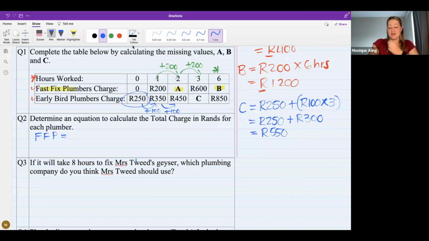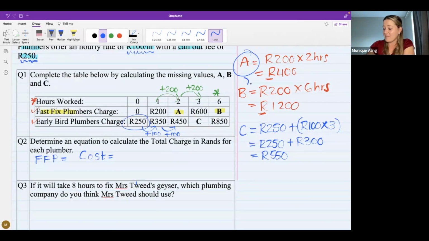Okay, so if I want to work out the costs, I'm going to say cost is equal to, and can we agree we did actually do it when we worked out A and B on the side here, we said 200 Rand and we times by the hours. So general formula would just be me saying times by number of hours.